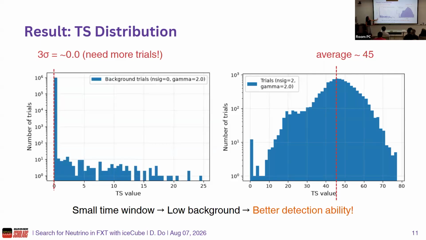So we run trials to see the likelihood that there's signal data in our data set. On the left is background trials, when the number of signal events is 0, versus on the right, when we force signal events to be in our data set. As you can see, these two distributions are very different.